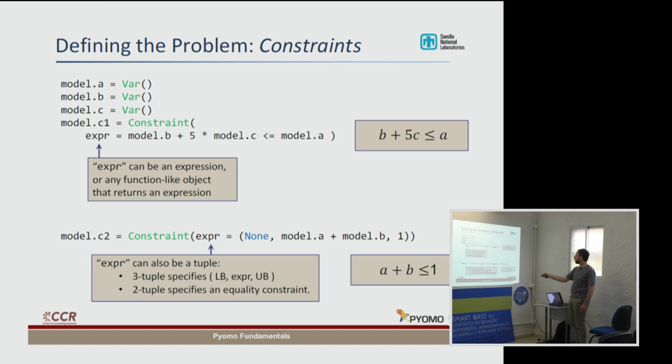This expression must be smaller than 1, and there is no lower bound. So basically, it's the same as that. So a 3-tuple specifies lower bound, expression, upper bound, and a 2-tuple specifies an equality constraint.